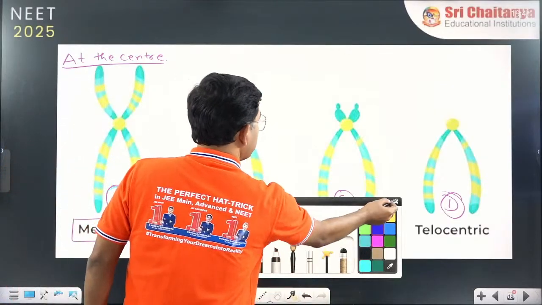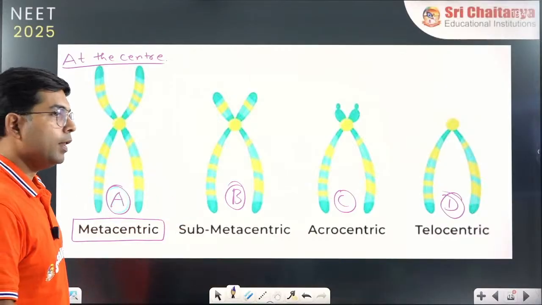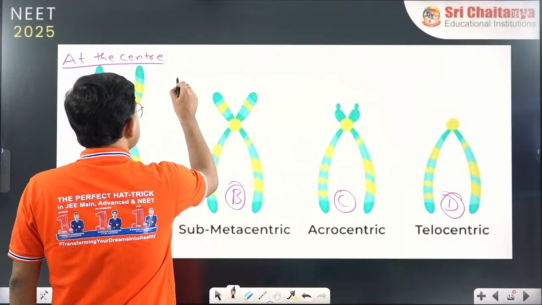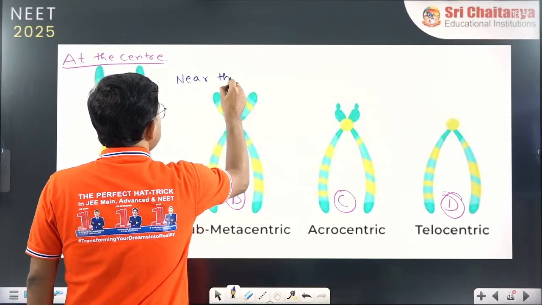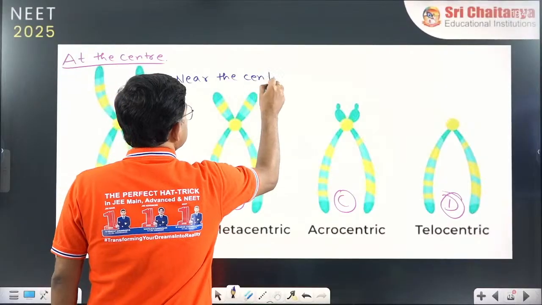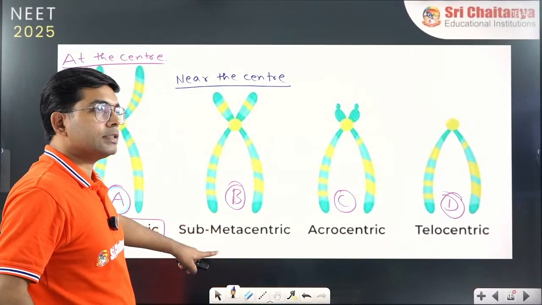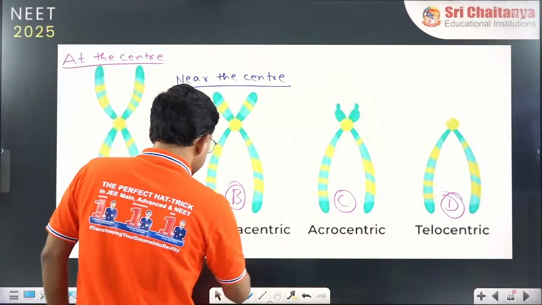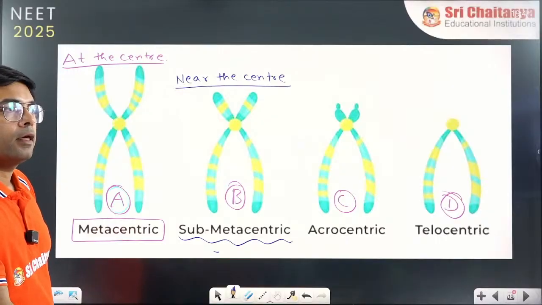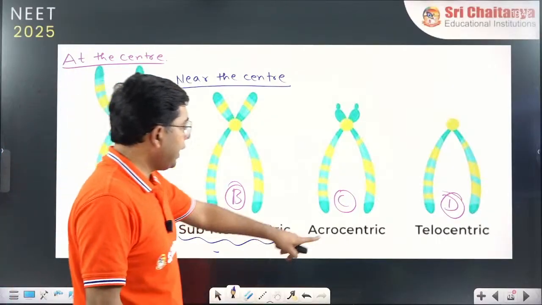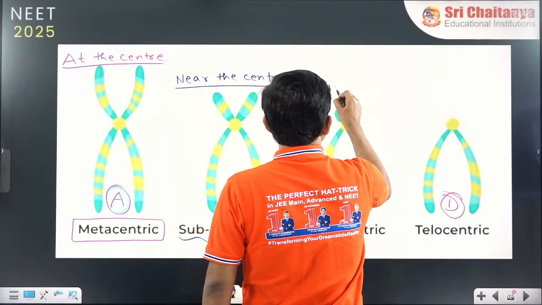Then the second one, submetacentric. Here we will say it is near the center. Near the center is submetacentric, right? Whereas acrocentric is near the end.